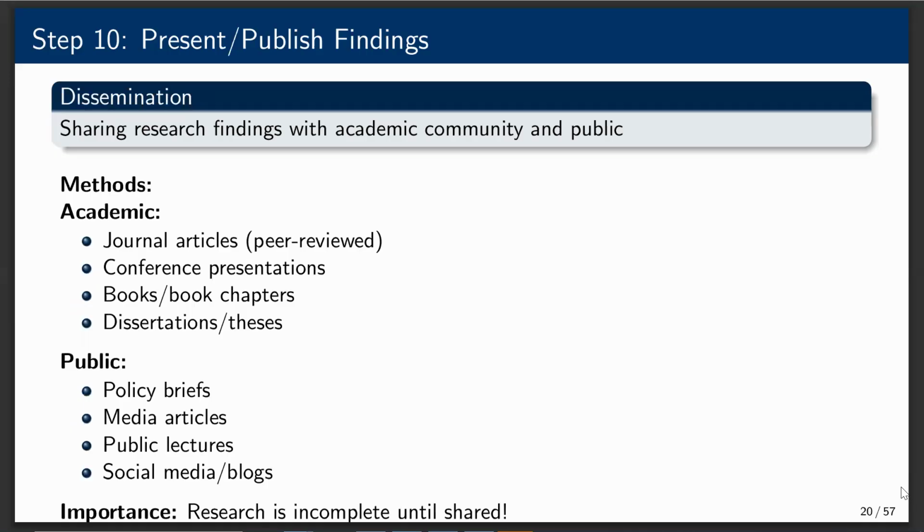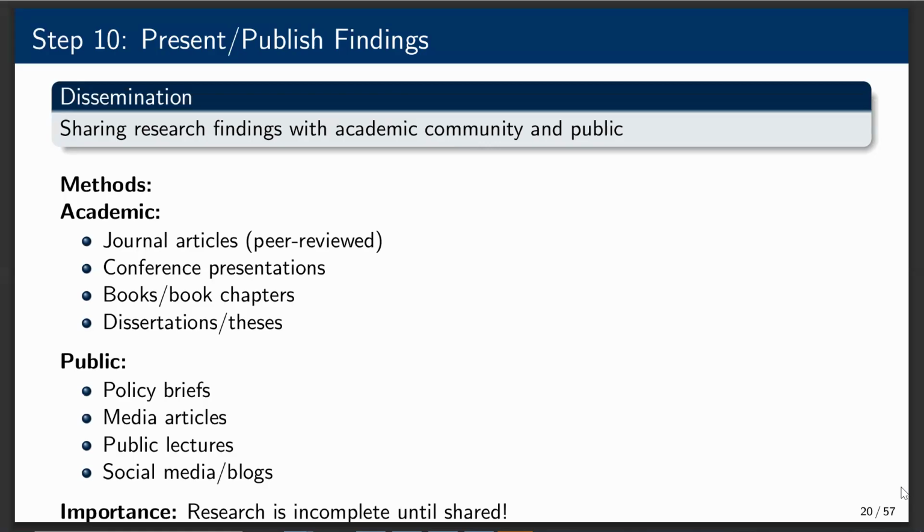Next step is to present and publish the findings. So dissemination of result is very important, because you are sharing the research findings with academic community and public. So what are the different methods of disseminating the research? So academic dissemination means journal articles, conference presentations, books or book chapters, dissertation and thesis.